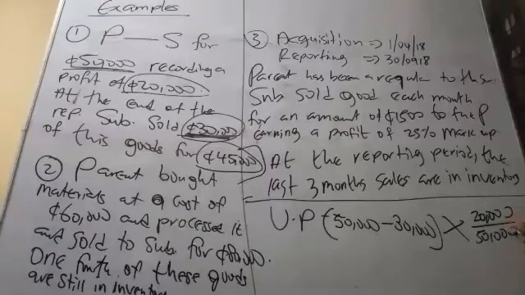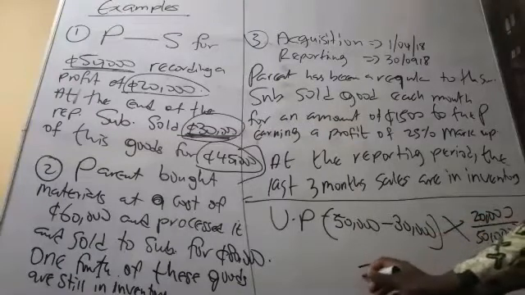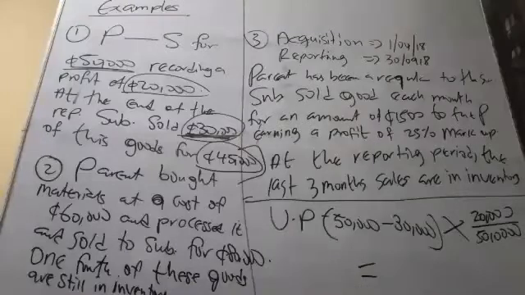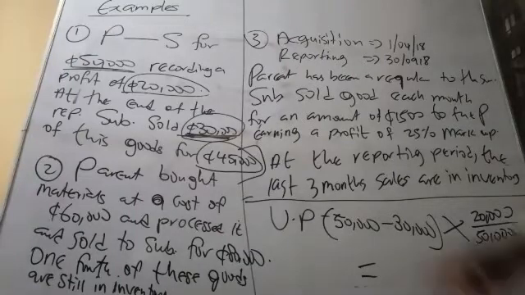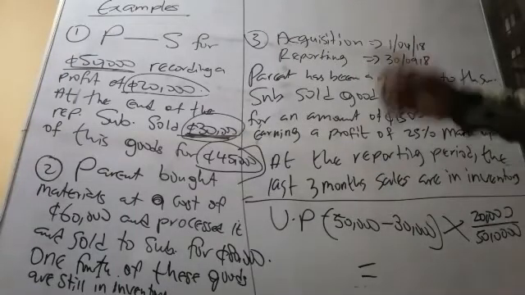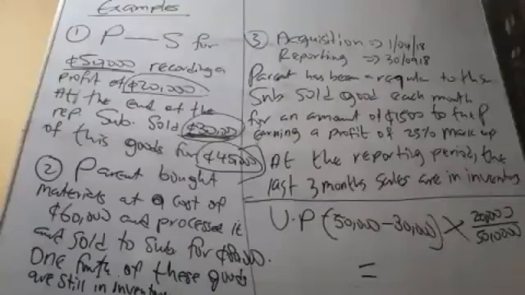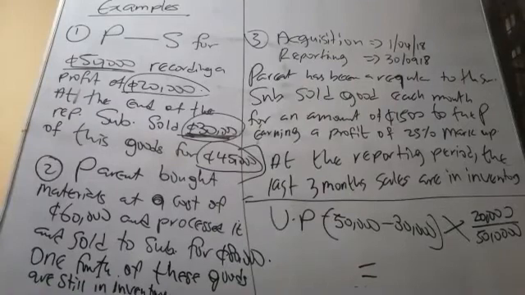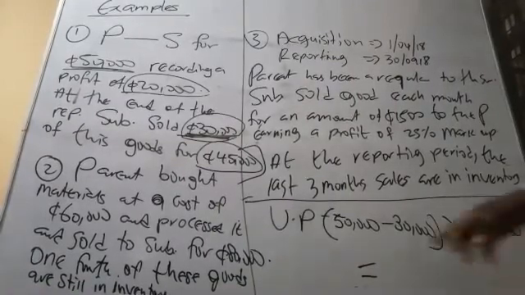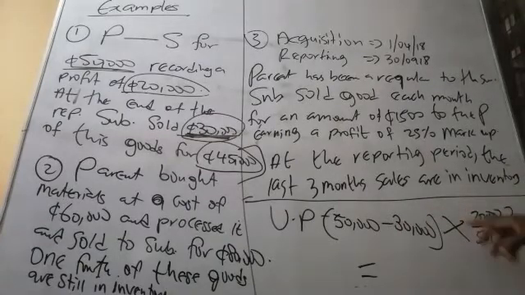The answer that you get is the unrealized profit. That's the first method. I will use different methods. Kindly select one, do not select two, but to be on the best side, know all these methods. So 20,000 times 20,000 divided by 50,000.